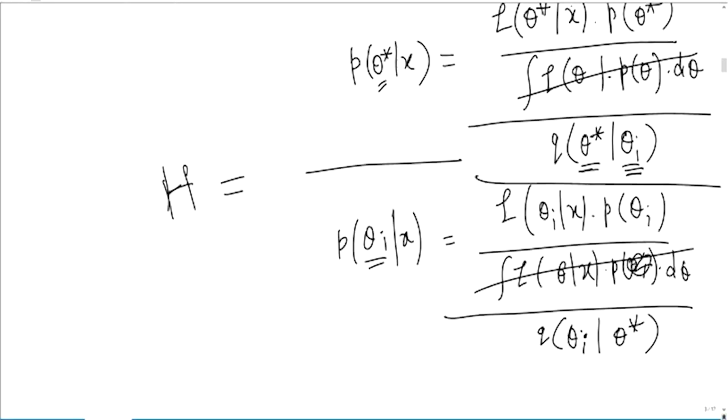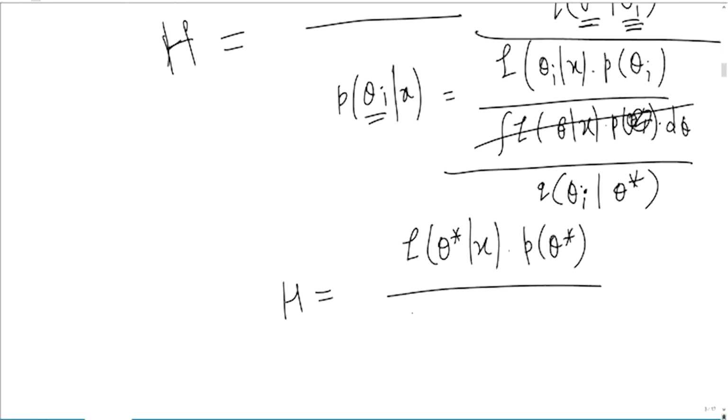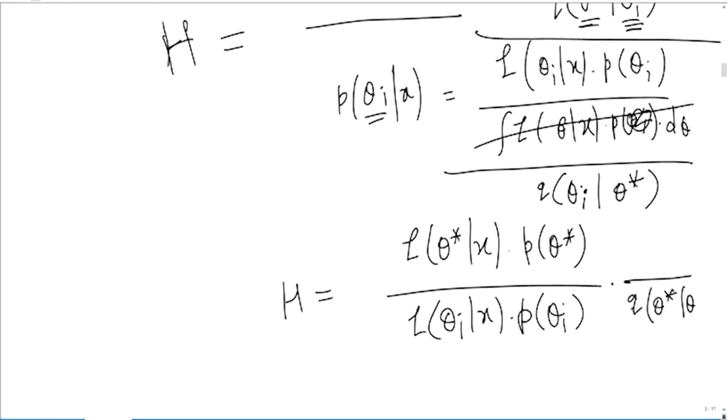So only thing that remains in your Hastings ratio is likelihood of theta star given the data, prior density of theta star divided by likelihood of theta I, prior density of theta I, and then the forward transition, proposal density of theta star given theta I, and here proposal density of theta I given theta star.